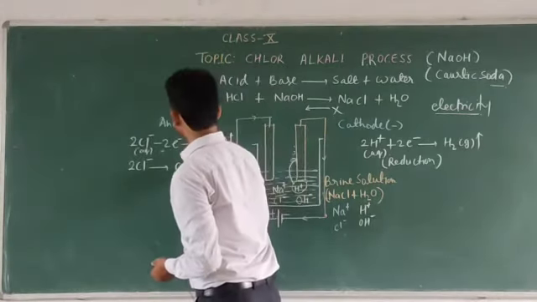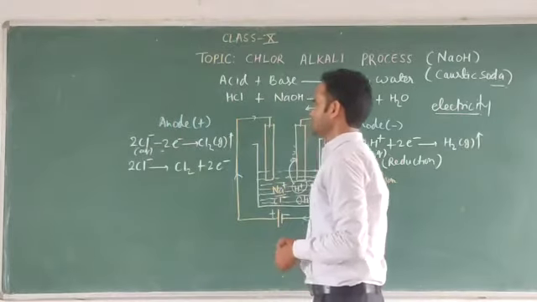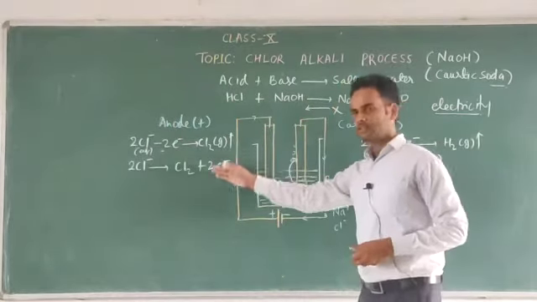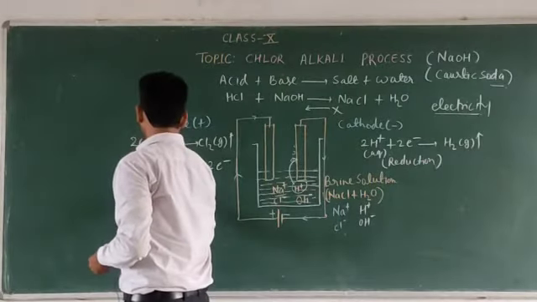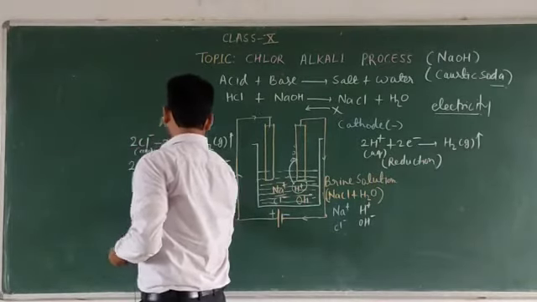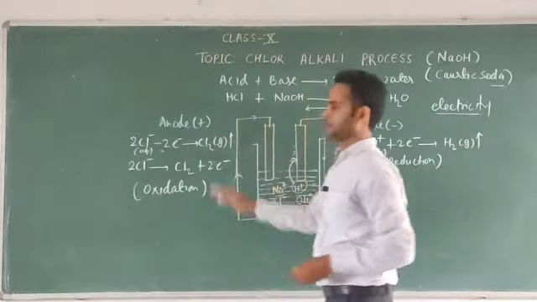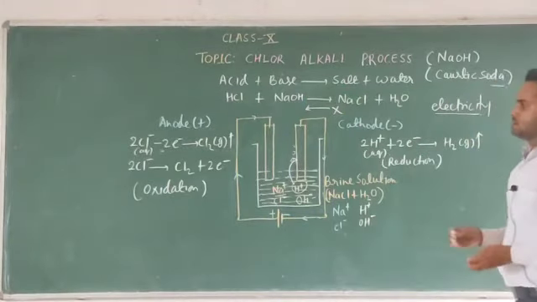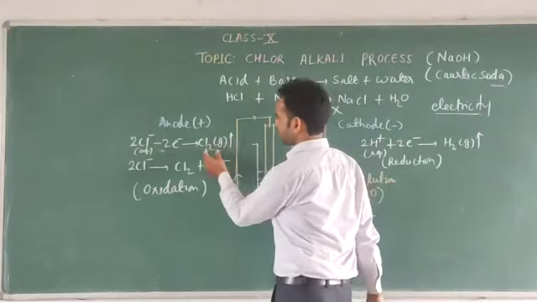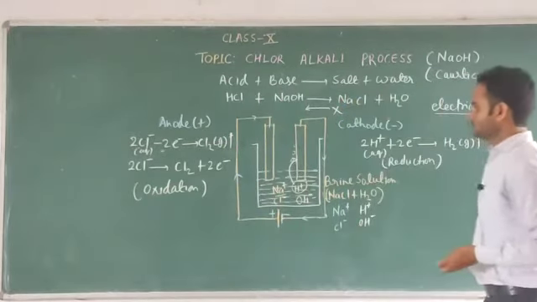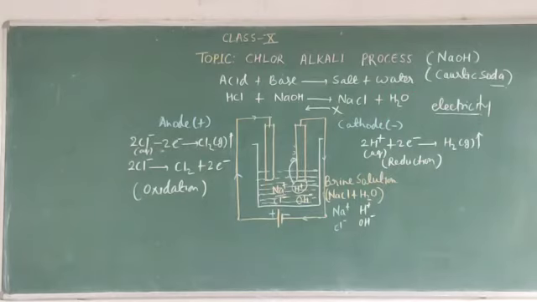As you can see, the loss of electrons means oxidation is taking place here at the anode, that means the chloride ion after being oxidized gives chlorine gas. So chlorine gas is given off at the anode, and hydrogen gas is given off at the cathode.